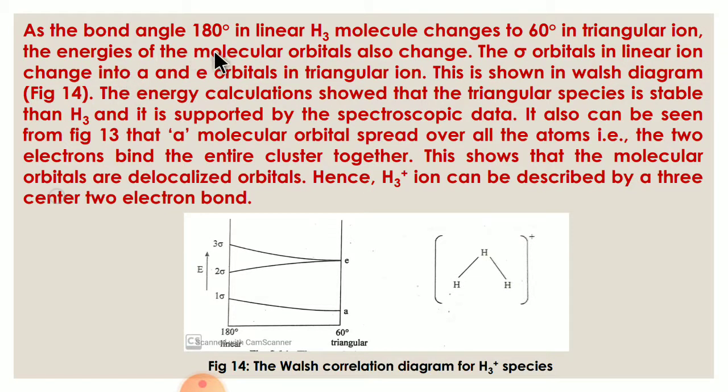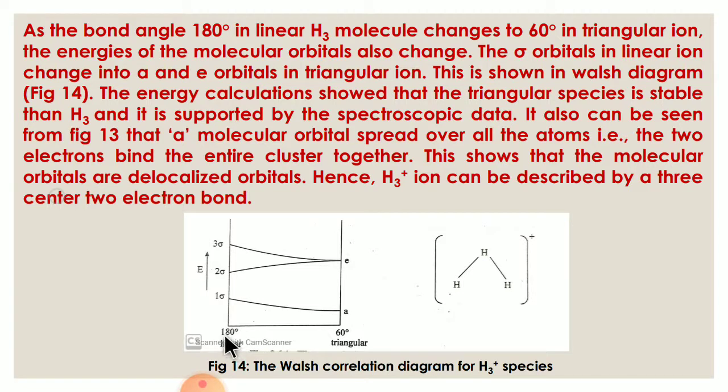As the bond angle of 180 degrees in the linear H3 molecule changes to 60 degrees in the triangular ion. Here, in the Walsh diagram, this is the Walsh correlation diagram for the H3 plus species. Here we can see this is the 180 degree bond angle and this is the 60 degree bond angle. The angle decreases from left hand side to right hand side.